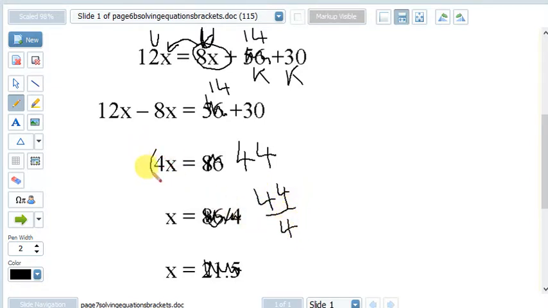Now it's divided by 4 because we bring over the 4 times across to the other side, and times by 4 on the left hand side becomes divided by 4 on the right, and 44 divided by 4 is 11. So well done if you managed to get that correct, and thank you for watching.